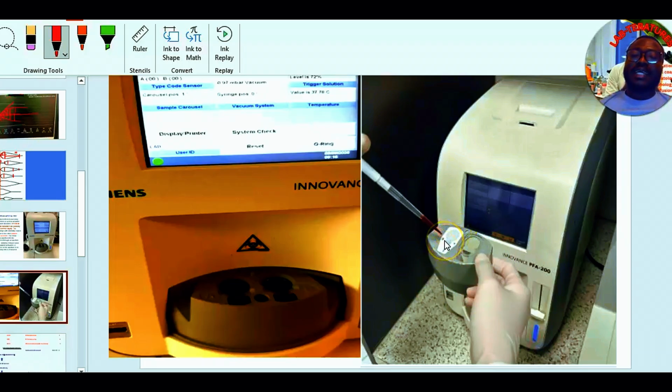That cartridge has an inner lining with platelet agonists. So there are three factors that contribute to platelet activation. We have collagen, we have epinephrine, and we have ADP, that is adenosine diphosphate. Yes, so it works in pair if there is a tissue damage, and of course every tissue damage will definitely expose collagen.